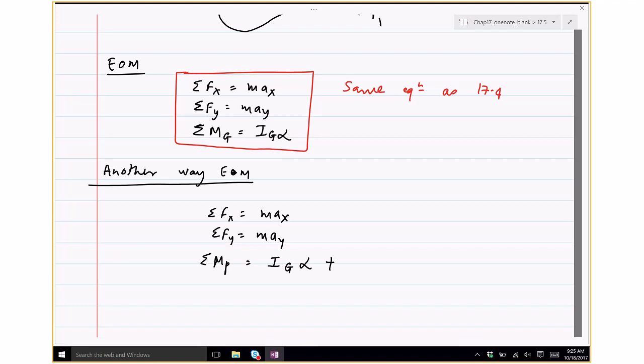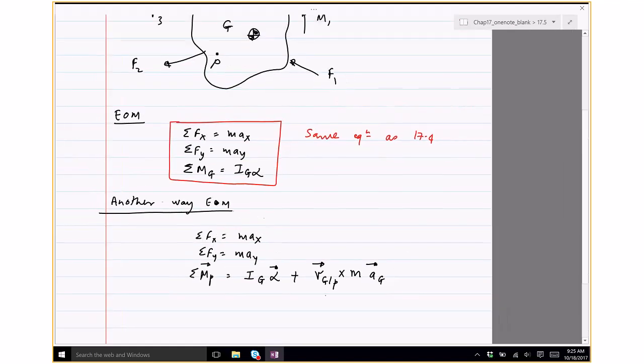Well, let me do it this way. I'm going to write this as a vector. You know that alpha, since this is planar motion, is always in the k direction. So that vector is always in the k direction. The reason I wrote that as a vector is because there's no other way for me to write this part. So this last part of the equation is basically the moment due to acceleration.